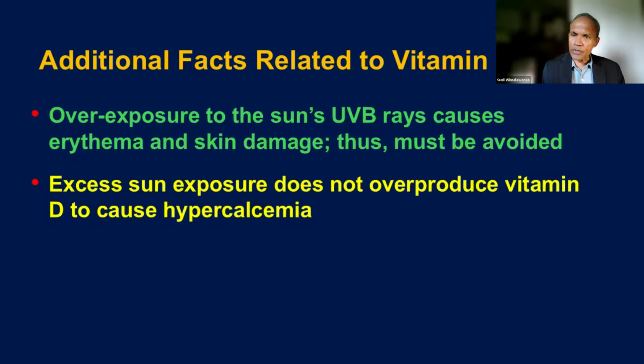This is because as soon as the skin recognizes that it is producing more pre-vitamin D on exposure to UVB, it gets destroyed by a feedback mechanism. So the skin itself has a feedback mechanism to prevent excess vitamin D3 getting into the circulation. Therefore, there is no possibility that sun overexposure causes hypercalcemia. It's a myth.